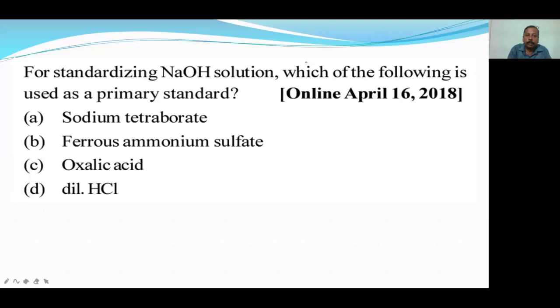Okay, next question is: for standardization of NaOH solution, which of the following is used as a primary standard? Okay, I think the question is clear now. You can try and let me know.